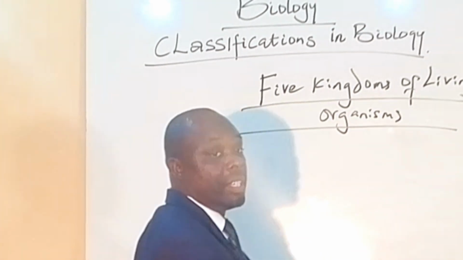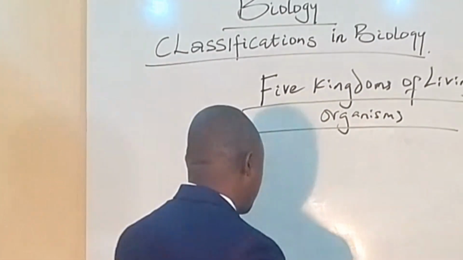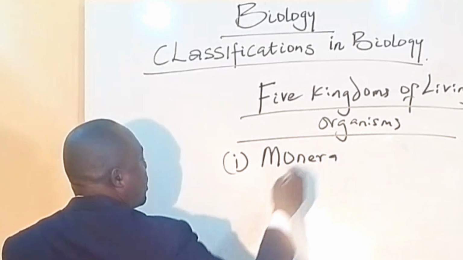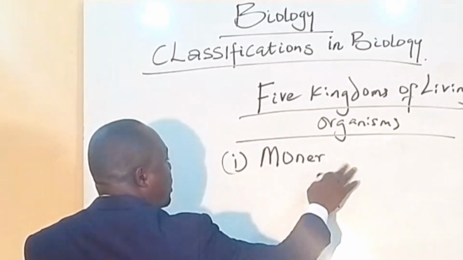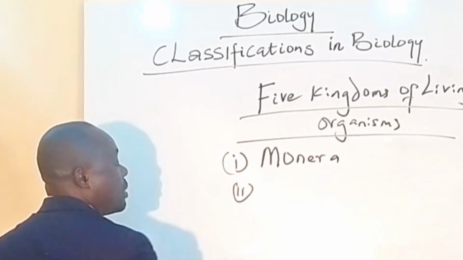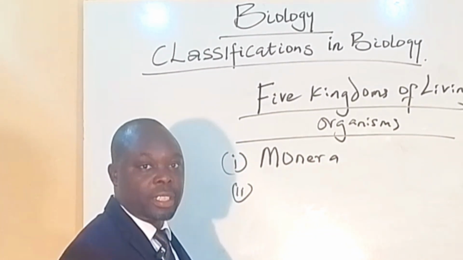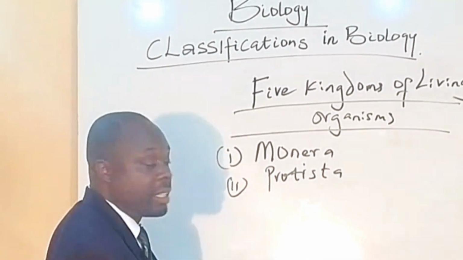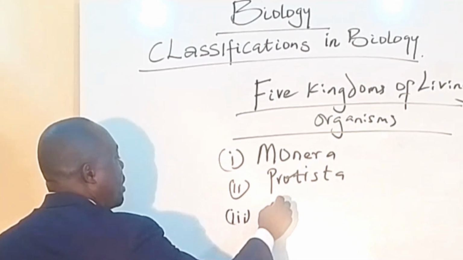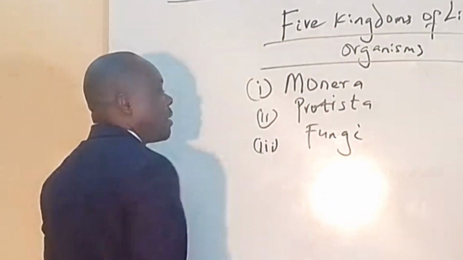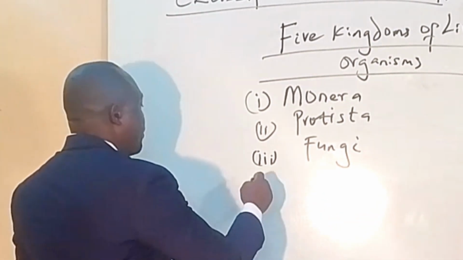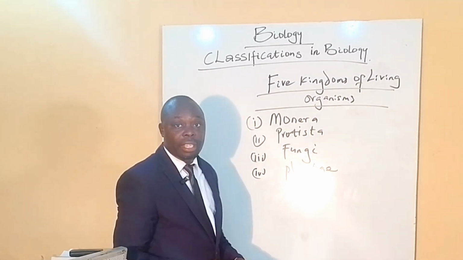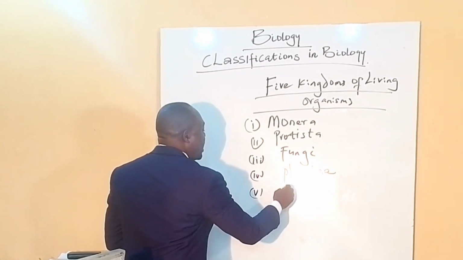The 5 kingdoms of living organisms are: 1, the Monera. 2, the Protista. 3, the fungi. 4, the Plantae. 5, the Animalia.